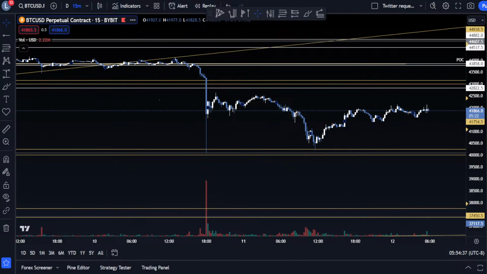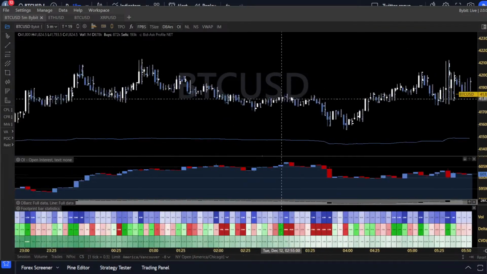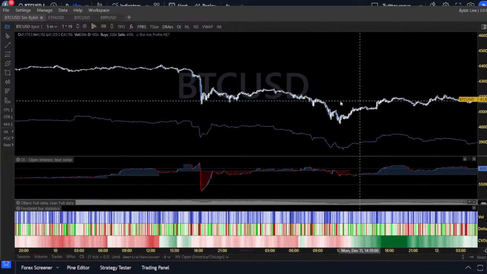Should be a 200 million and 100 million 5-minute candle there. Just refreshed it.